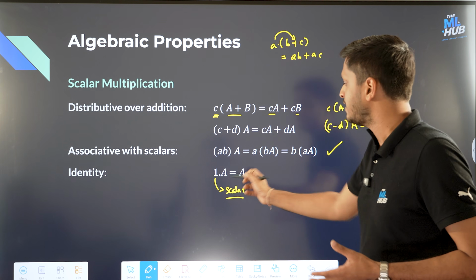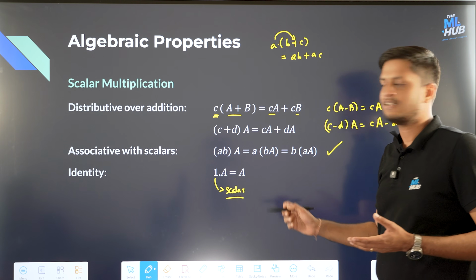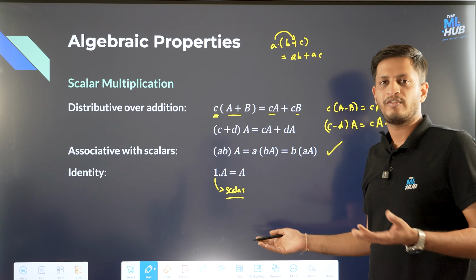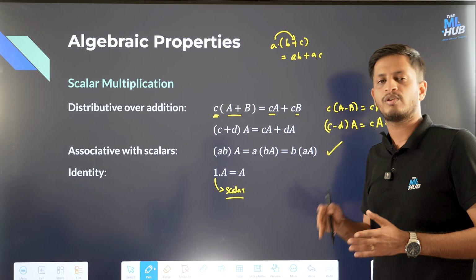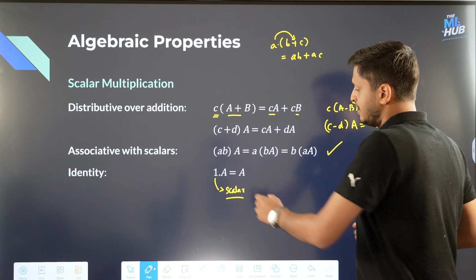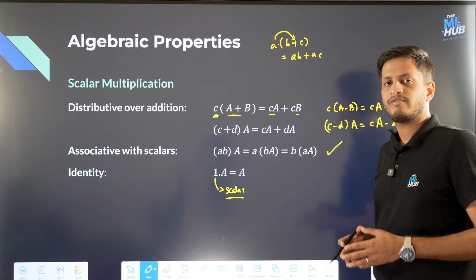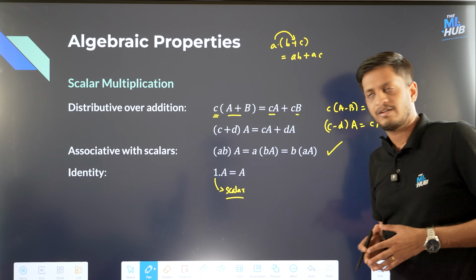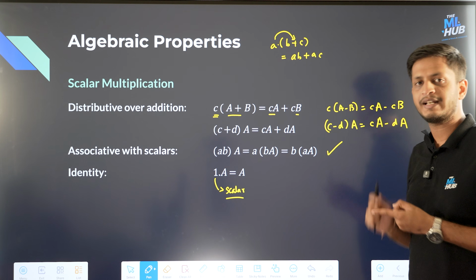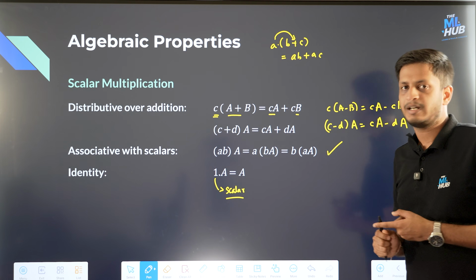So if you multiply any matrix by 1, you will get the same matrix, and hence 1 is the identity element for any matrix. It is very simple, we don't need to prove it, right? You are just multiplying 1 with every value, you will get the same values back, essentially you will get the same matrix back. So these are some of the properties of matrix addition, matrix subtraction, and scalar multiplication.